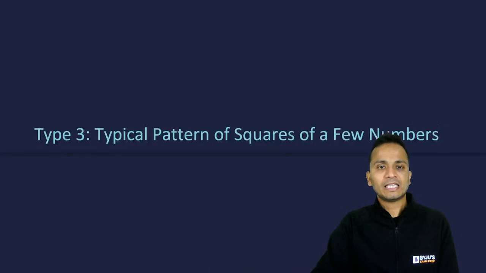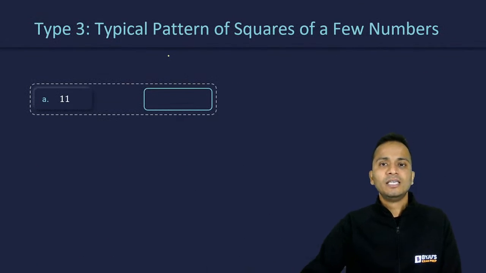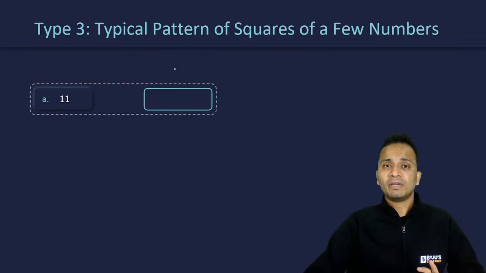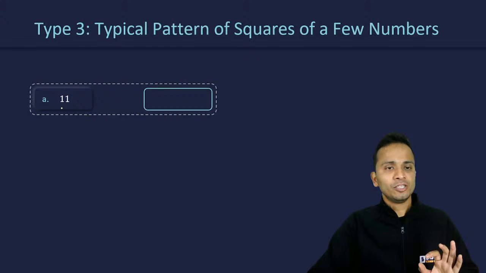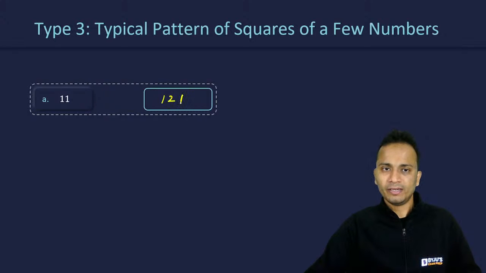Okay, let's move ahead. Now the next is some typical patterns of squares of some numbers. Like the square of numbers composed of only ones. The square of 11, all of you will be able to write easily: 1, 2, 1.